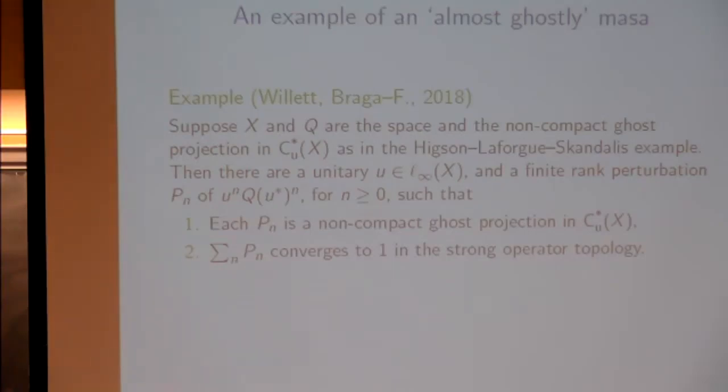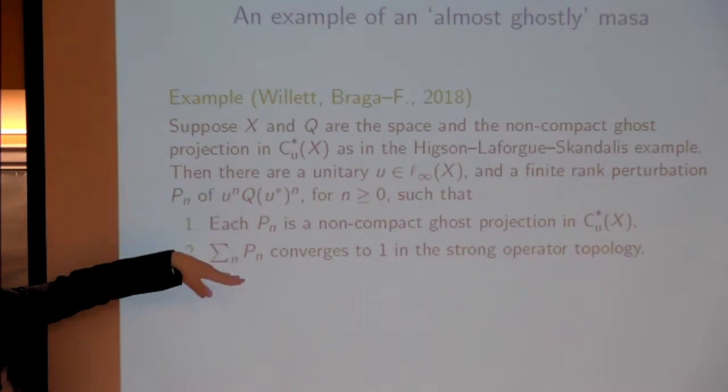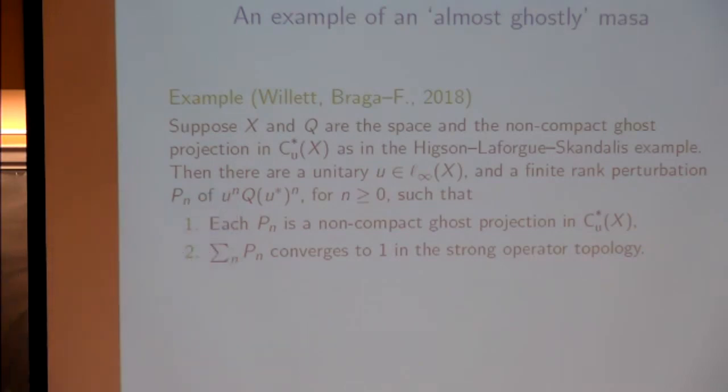So if X and Q are the space and that non-compact ghost from the Higson-Lafforgue-Skandalis example, there are unitaries in L infinity of X, such that if you conjugate that projection with different powers of a unitary, you get projections which are almost orthogonal.